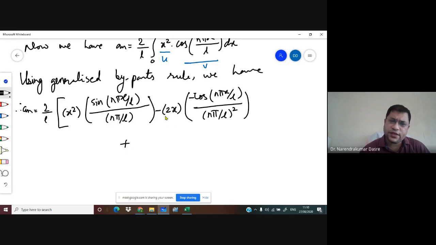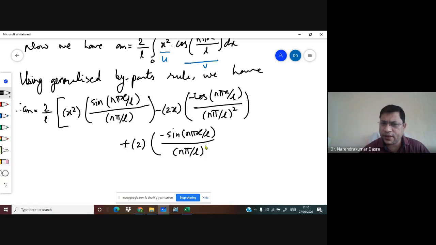Next term is plus, the derivative of this term is going to be 2 and the integration of this is minus sine of n pi x by L upon n pi by L cubed. Okay, and the limits are 0 to L.